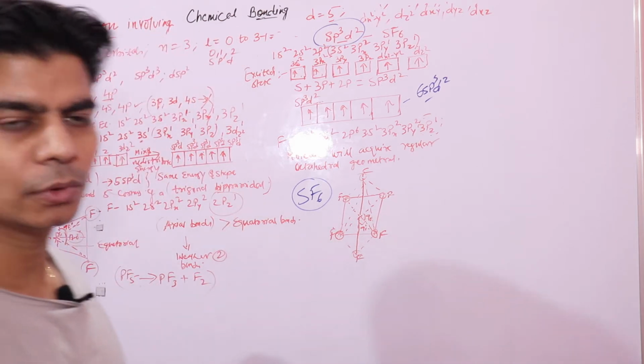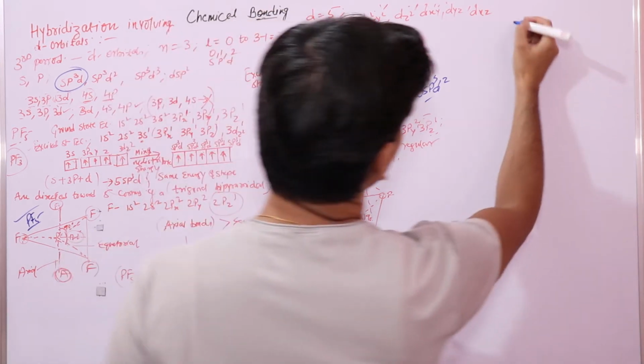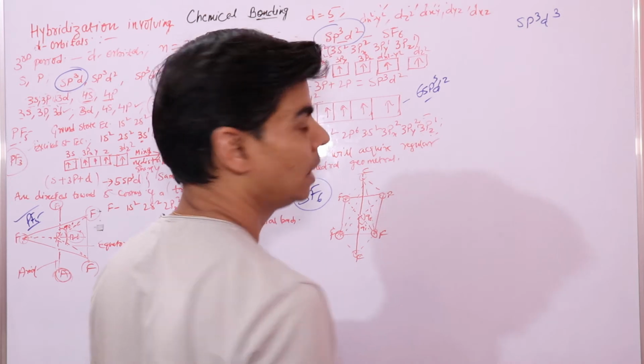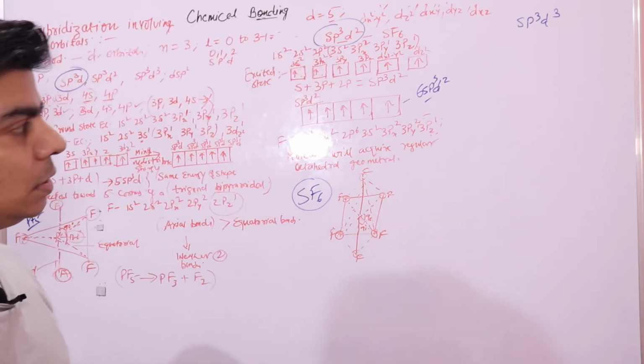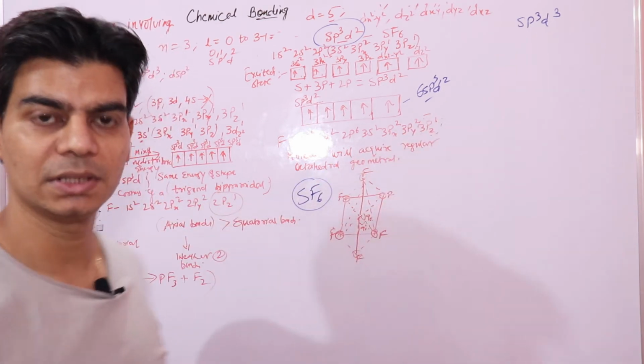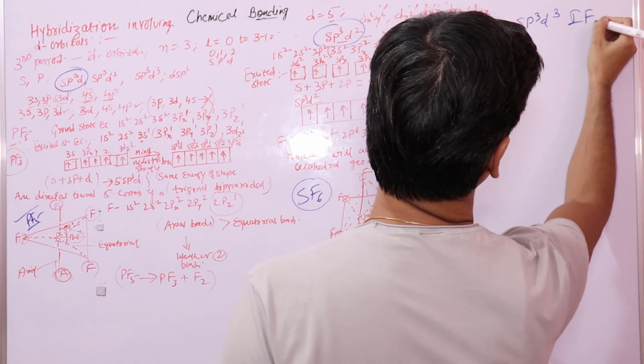Now the third type of hybridization involving d orbitals is sp3d3 hybridization. An example of a compound in which the central atom has sp3d3 hybridization is an interhalogen compound. The name of the compound is IF7.